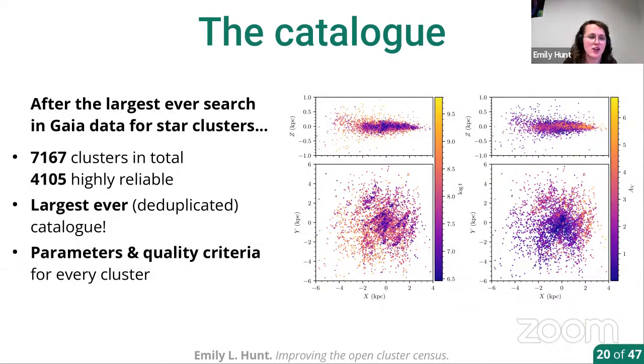This already is the largest ever deduplicated catalog of clusters. There are cluster catalogs that are larger, but they might look for individual clusters and don't give you something where it's guaranteed that there are no duplicate entries. So this catalog is the largest ever deduplicated and homogeneous catalog of clusters, and we also have these parameter quality criteria for all the clusters in the catalog.